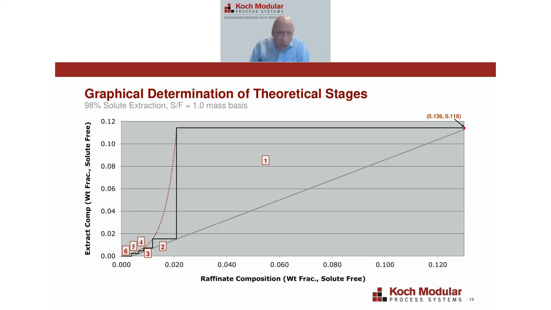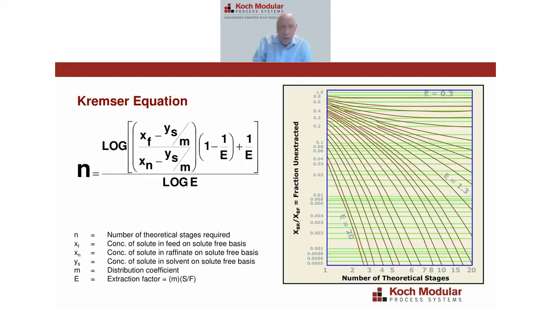And then you know your solvent coming in, the concentration there. And if 2% of the solute's left in the feed, then you know your raffinate concentration. And you can see with that, you can step off that you're going to need 6 theoretical stages at a 1-to-1 solvent to feed ratio to recover 98% of your solute.